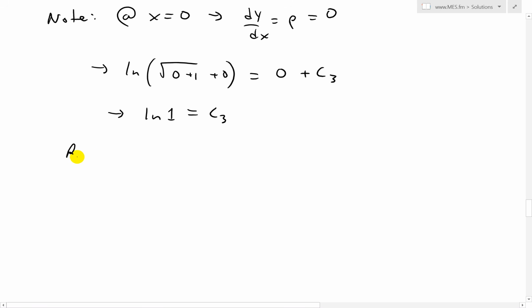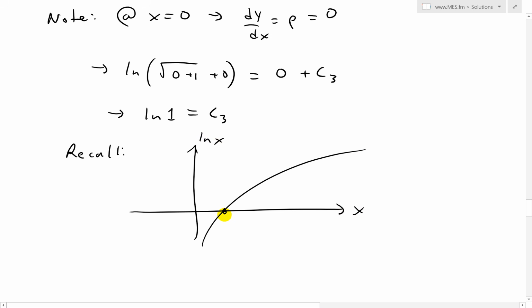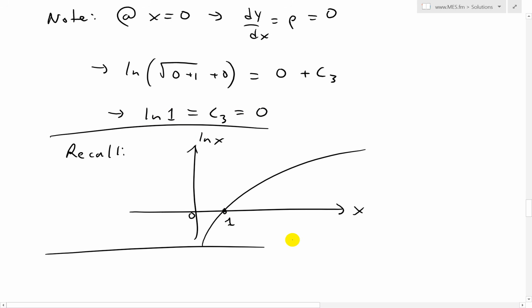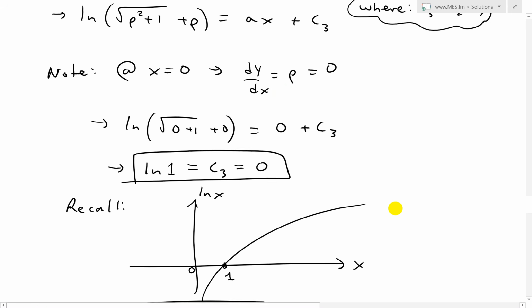But recall that ln x looks something like this, where at the point 1, it is 0. So at the point 1 the value is 0, so this c3 equals 0. Let's circle this. Thus we have it simplified, and we got rid of that constant.